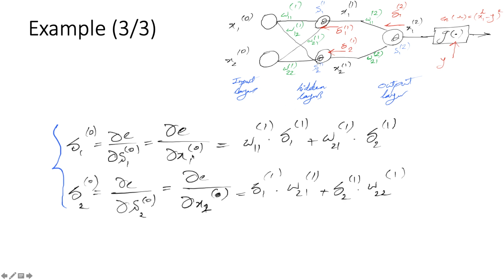Oh, on the right hand side, the second term should be W 1 2, I think. In the first equation, are you talking about this? Is this supposed to be 1 2? Oh, I see. No, it should be 2, 1.